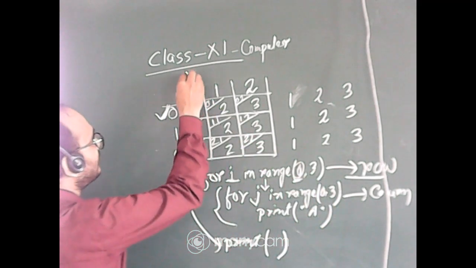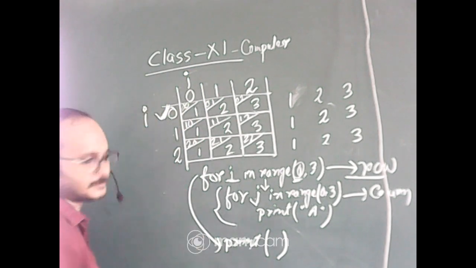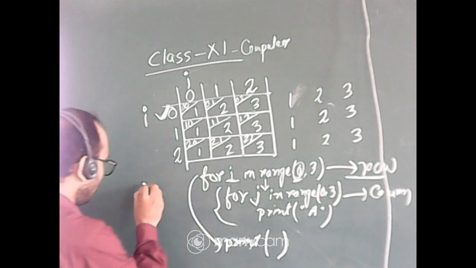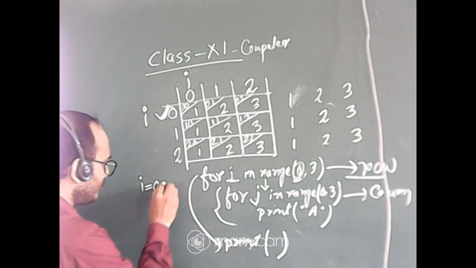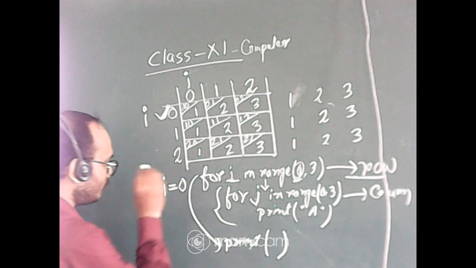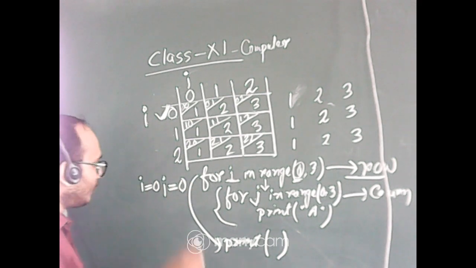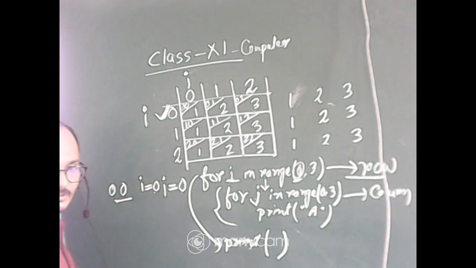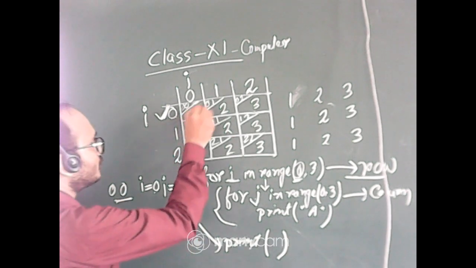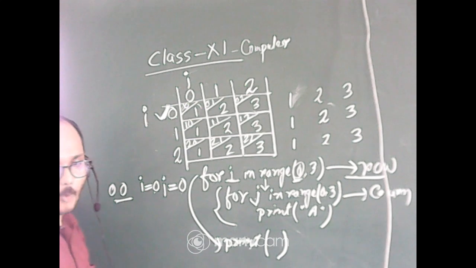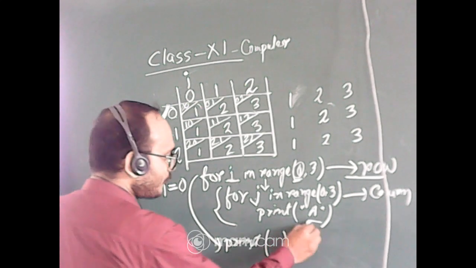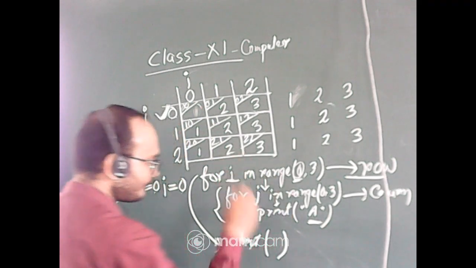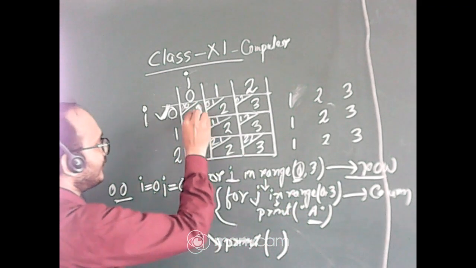The j loop represents this, the i loop represents this. So the i value is 0, and the j value is also 0. Look at that, i 0, j 0. That means the value will be 0, 0, which is the first box. After that, it comes here and prints A.